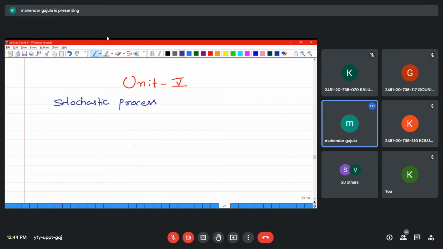We have learned stochastic process in the fourth unit in time domain, and now we are going to learn the stochastic process in frequency domain.